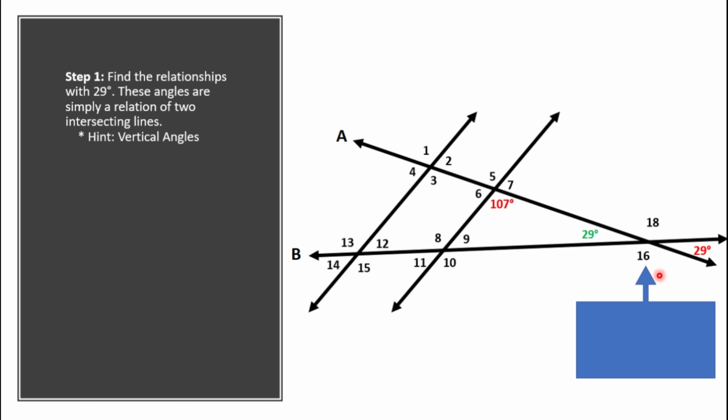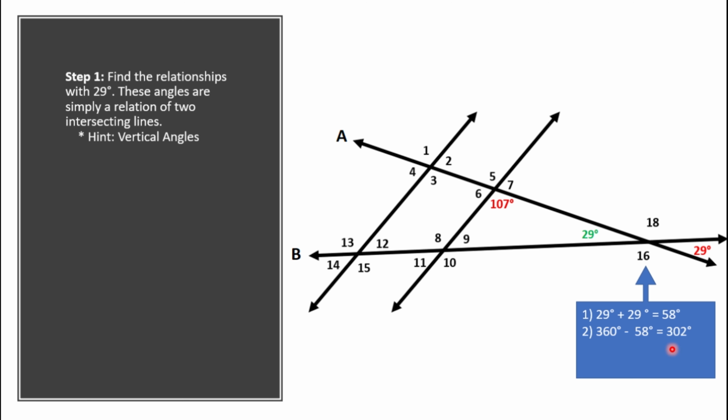So if you look at it, we know that adding 29 degrees and 29 degrees equals 58 degrees. You can use that to find how much angle is remaining to be distributed among these two. One important thing that you must keep in mind is that when two lines intersect, the angles add up to 360 degrees. So using that, we know that 360 subtracted by 58 is equal to 302.